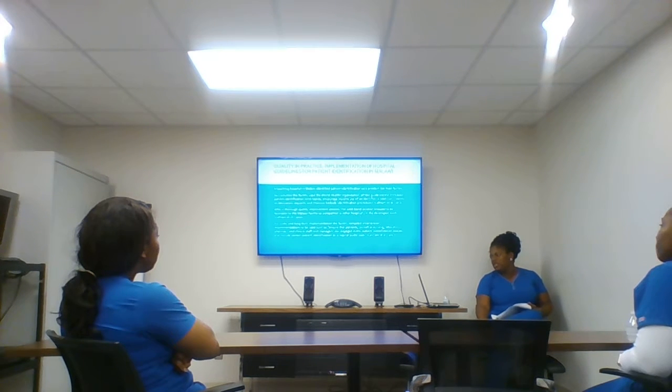This third article is on quality and practice and its implementation of hospital guidelines for patient identification in Malawi. This hospital had some of the same problems with identifying patients due to patient safety. And they tried some different things to identify patients. What they started doing was using the wristbands. As a solution for this facility, they used the World Health Organization guidelines and they used patient identification wristbands.